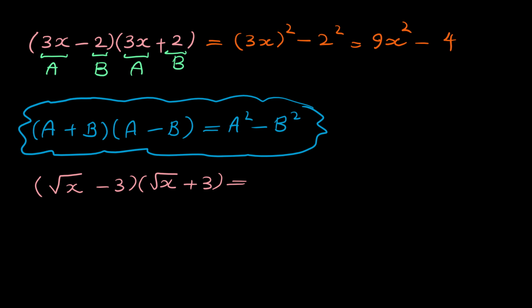Again, we have A minus B times A plus B. The answer is A to the 2 minus B to the 2, so radical x to the 2 minus 3 to the 2. Radical x to the 2, radical and power 2 cancels, x. 3 to the 2, 9. So the answer is x minus 9.